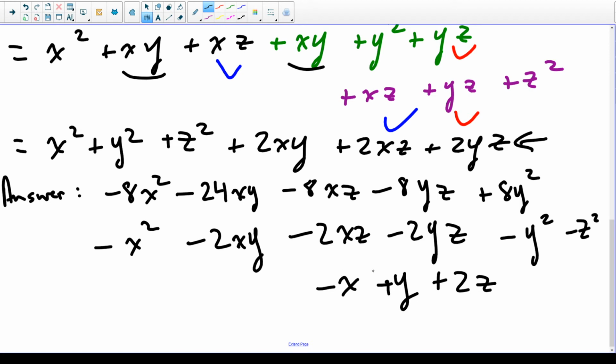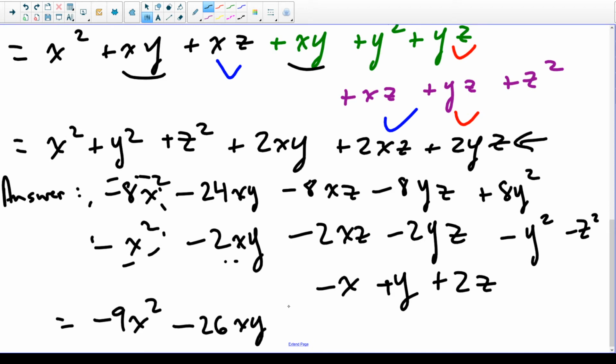Okay? Well, you'll notice that these three I just placed here because I didn't have any other room. But they actually don't have any like terms. Okay? So those three terms are going to be all by themselves. But we're going to have, so these two group up, minus 9x squared. And then these two group up, which will be minus 26xy. And then these two group up, which will be minus 10xz.